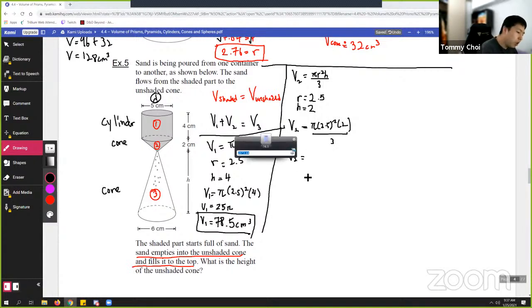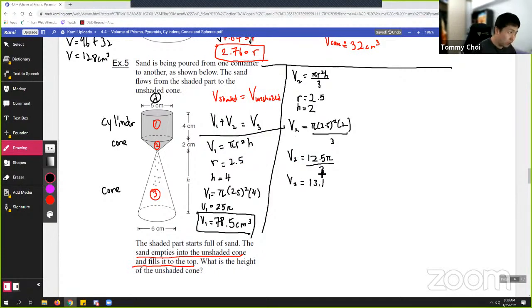In doing so, 2.5 times 2.5 times 2 gives me 12.5, divided by 3. So v2, the second volume, 12.5 times 3.14 divided by 3 gives me 13.08.